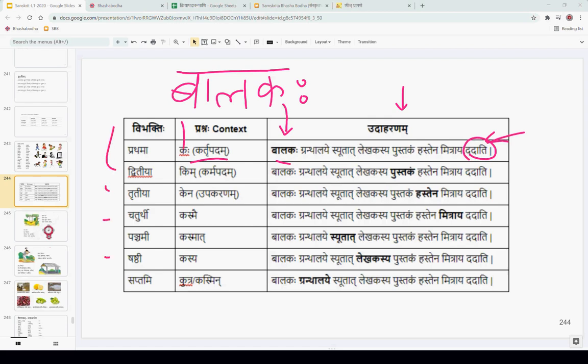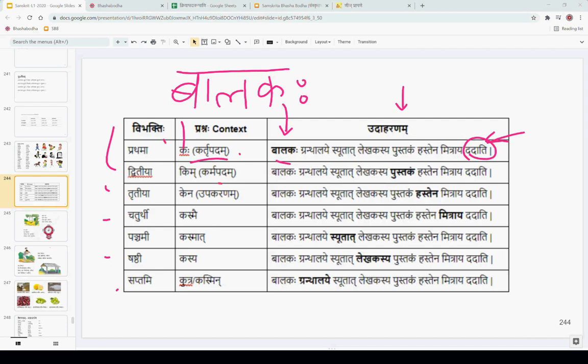Similarly, there are different vibhaktis, whose names are given here: Prathama, Dvitiya, Tritiya, meaning first, second, third, fourth, fifth, sixth, seventh. Each one, when added, changes the noun base into a final usable form that is used in a sentence in a certain context.